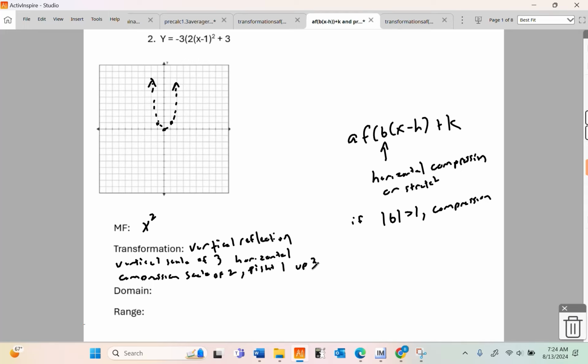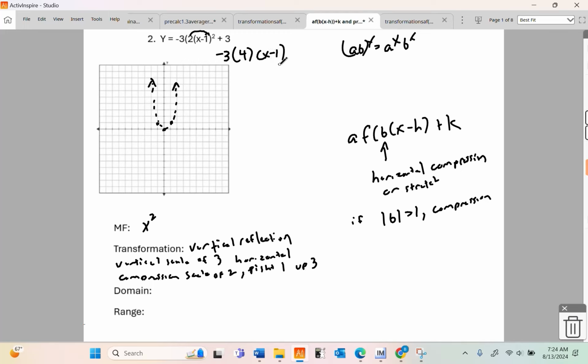Now, I'm going to manipulate this quite a bit. I'm going to focus on giving this exponent to both pieces. We have a rule that we talk about later on: (ab) to the x is a to the x, b to the x. So I can distribute that exponent in. This will give me negative 3 times 4, because 2 squared is 4, and it's no longer trapped inside a set of parentheses with (x minus 1).